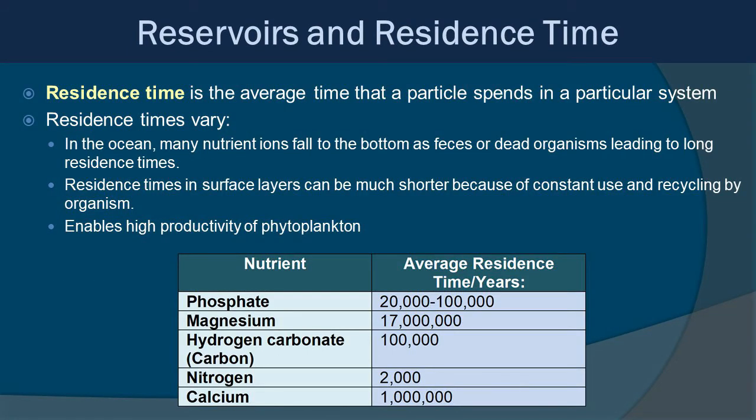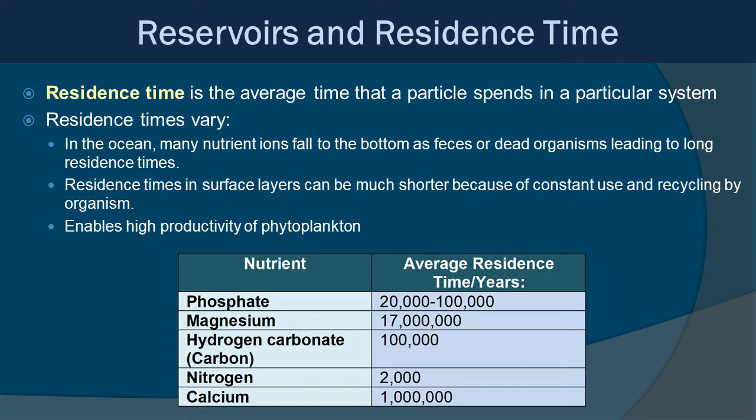How long a nutrient stays in the system is called residence time. It's the average time that a particle spends in a particular system, and this can vary depending on what's going on. In the ocean, for example, many nutrient ions fall to the bottom as feces or dead organisms, leading to very long residence times. In the surface layers of the ocean, the residence time can be much shorter because of constant use and recycling by organisms.